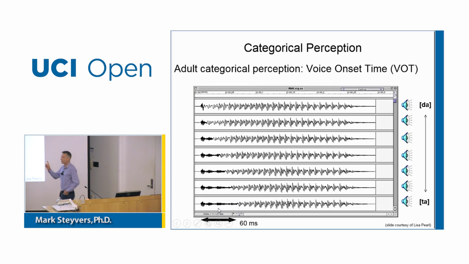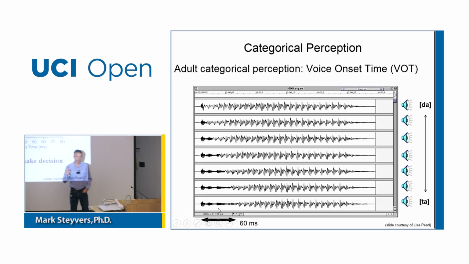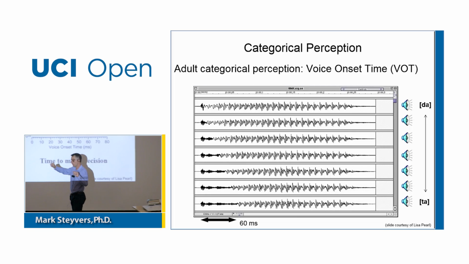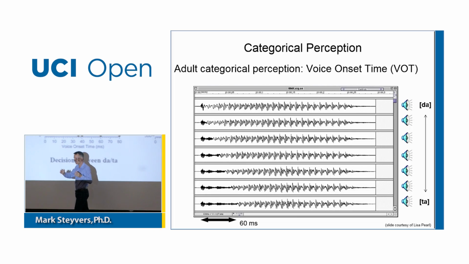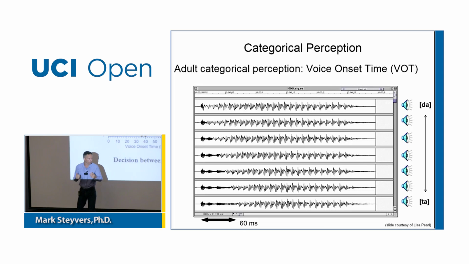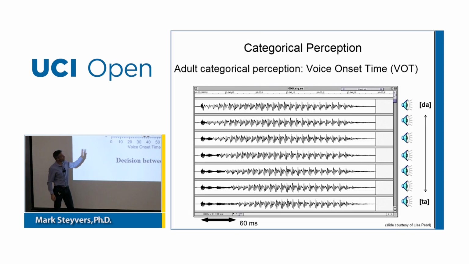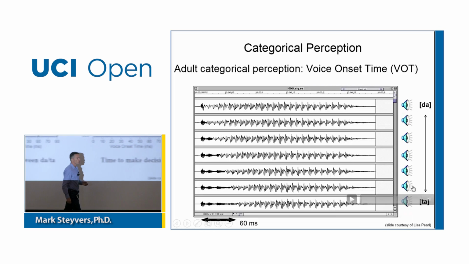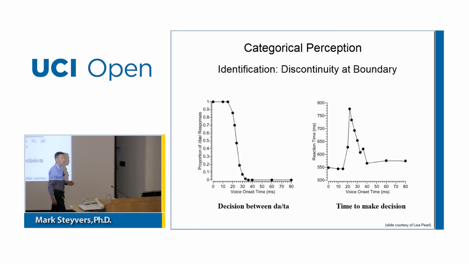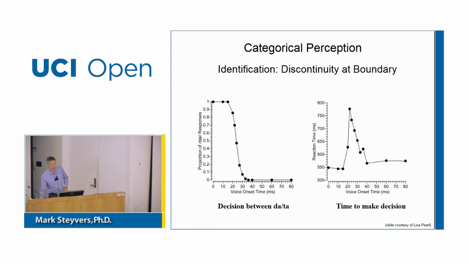Now here's one way to demonstrate categorical perception: continuous differences in the physical world are not mapped to equal distances in the mental world. This graph shows you the transition from the da to the ta sound by slowly increasing voice onset time. And when you ask people what sound they hear, da or ta, you see a sharp discontinuity somewhere along this line.